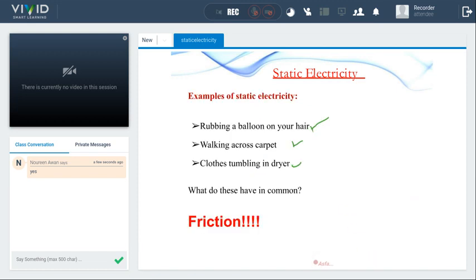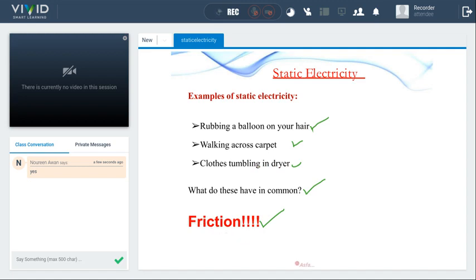We have examples that you can perform at home, and you can share the results with me. What do these have in common? That is again friction, because we are rubbing a balloon, our feet are rubbing with the carpet, our clothes are rubbing in the dryer.